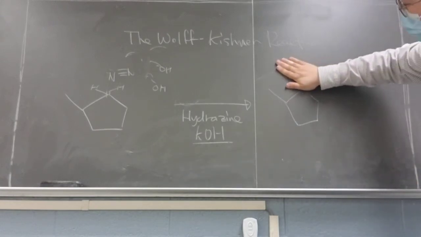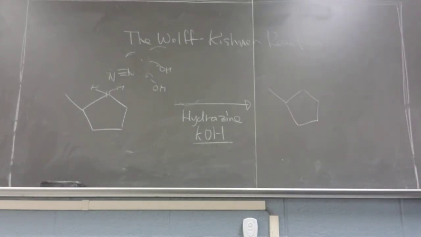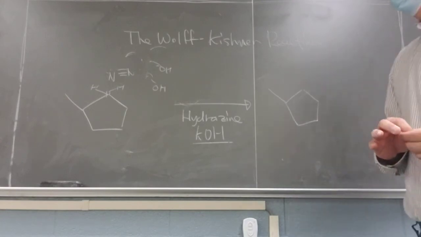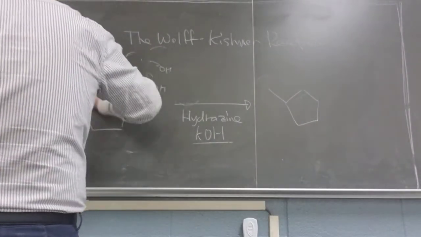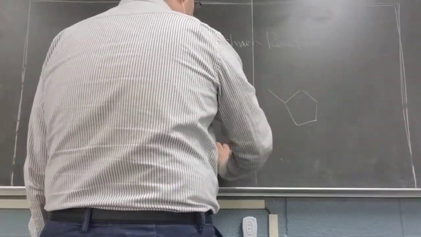You can apply the hydrogen, so basically you can just remove the carbonyl group there. What you can do with this is the Wolff-Kishner reaction. Makes sense, right? I think we can move on. Okay, perfect. All right, let's move on.